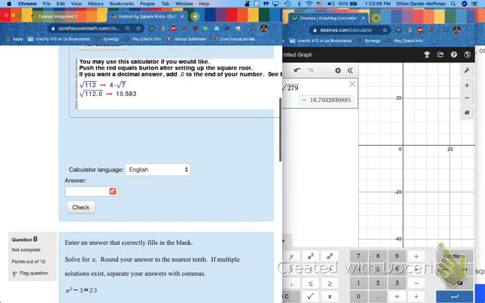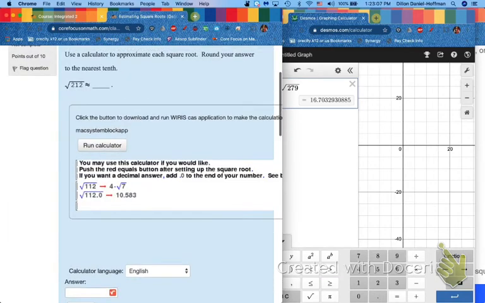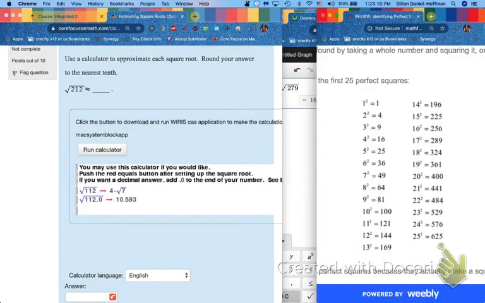The last one before we get into our old sad me algebra problems. 212. Let's see if I can end on a high note here. 212 is most assuredly between 196 and 225, so it's going to be between 14 and 15. 212 is 16 greater than 196 and 13 less than 225. So it is almost right in the middle, but a little closer.